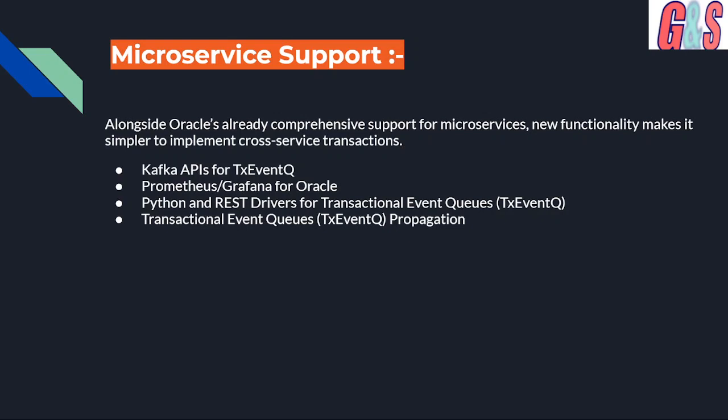Queue propagation allows multiple databases to act as producers and consumers of events and messages. A producer application can send events in a queue in one database, set up queue propagation to a remote database, and a consumer application can consume events in queues in the remote database.